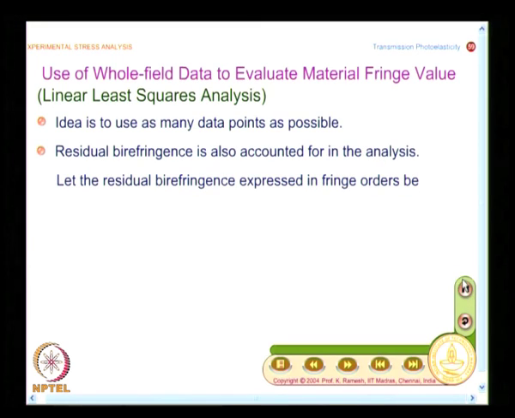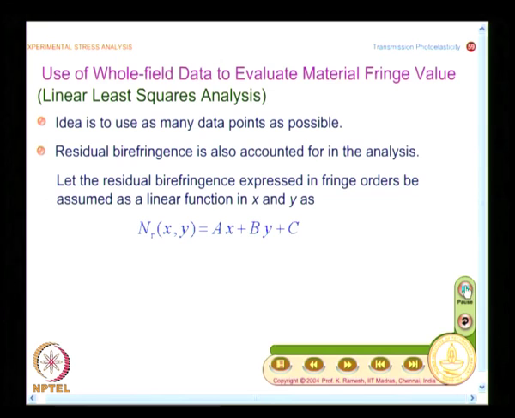So, I define NR as a residual birefringence, which is a function of x comma y, varies from point to point. I make this as Ax plus By plus C. So, I am introducing a new function.